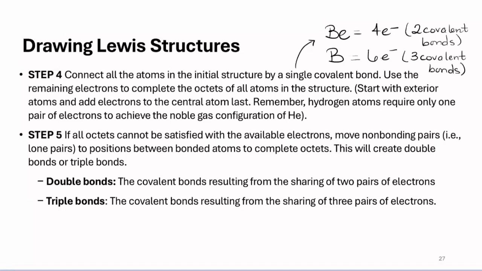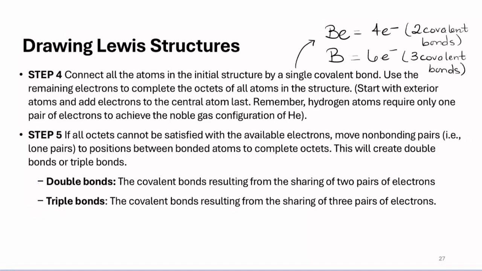Lastly, if you have completed the octets of the outside atoms, but your middle atom does not have a complete octet, then we're going to move into that central atom pairs of electrons in order to complete its octet. That is what's going to give rise to double bonds or even triple bonds, depending on the molecule that we're trying to build.